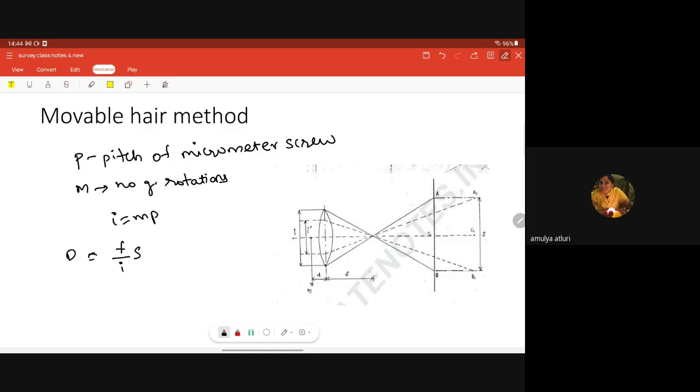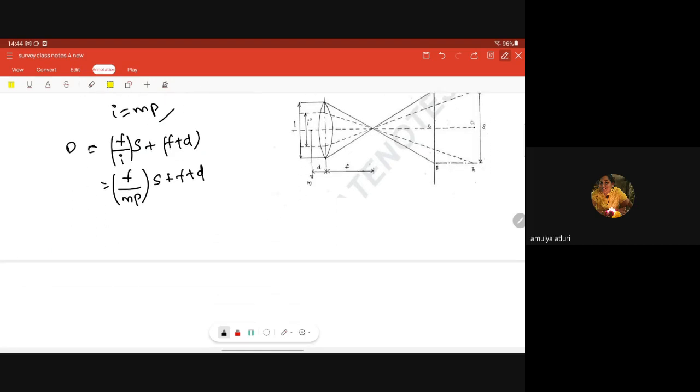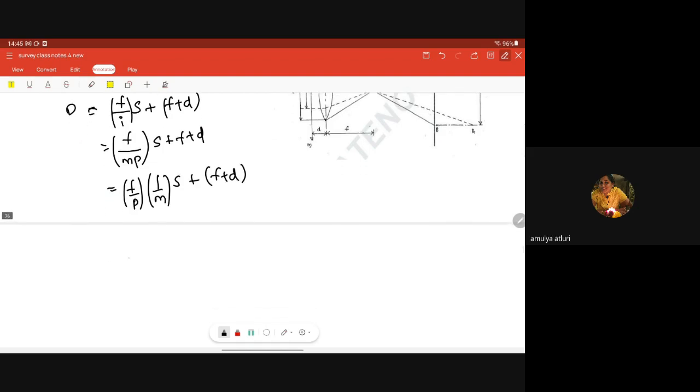D is equal to F by I into S plus F plus D, as in the fixed case. Here I is M into P, so D is F by MP into S plus F plus D. So F by P into 1 by M into S plus F plus D. Your D is equal to K by M into S plus C.